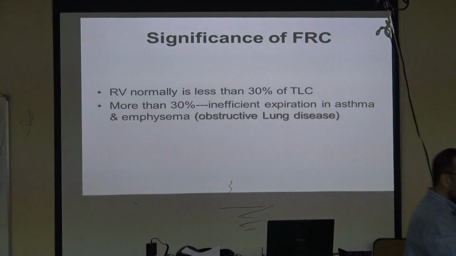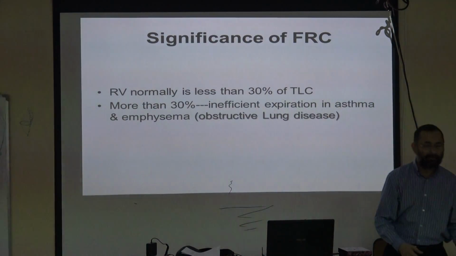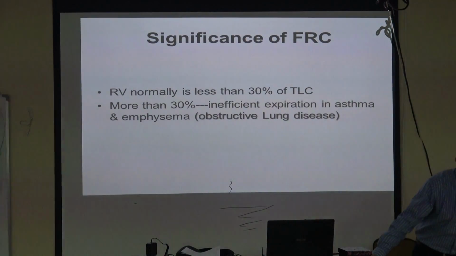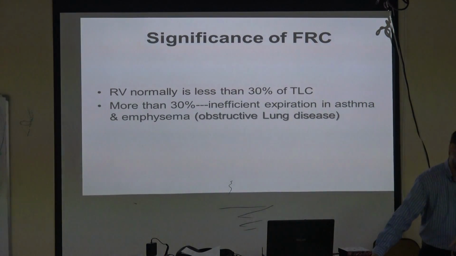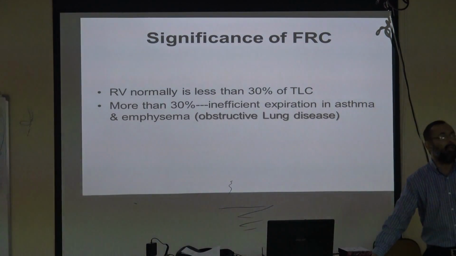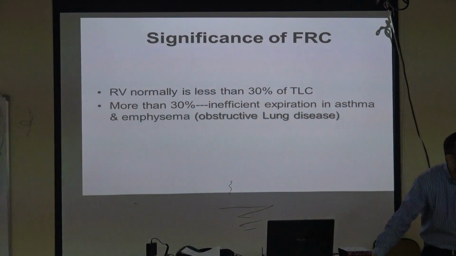So it is a matter of many years actually, slowly, that the lung volume increases, the residual volume increases. If the residual volume increases, will that change the FRC? Yes or no? Yes. Because, you know, residual volume is a part of FRC. If residual volume is increasing, FRC is increasing. If residual volume is decreasing, FRC will decrease.